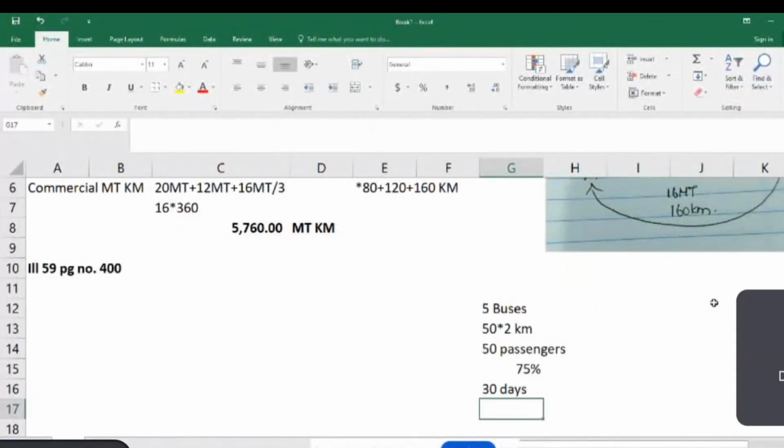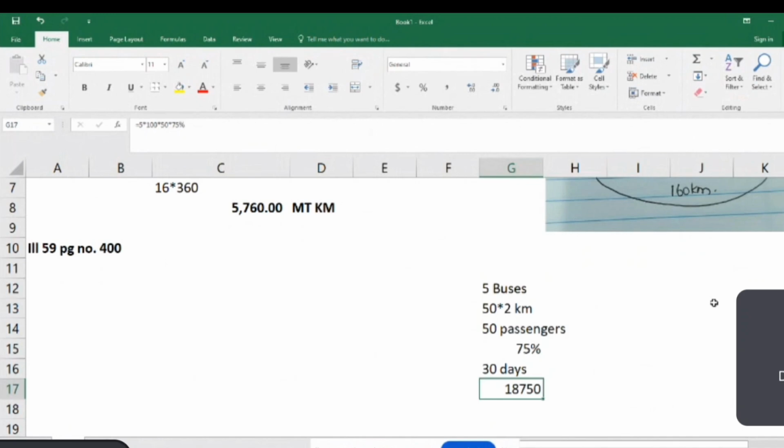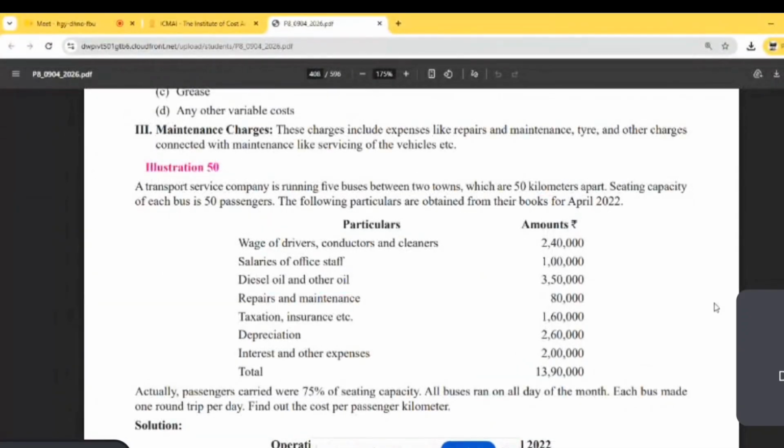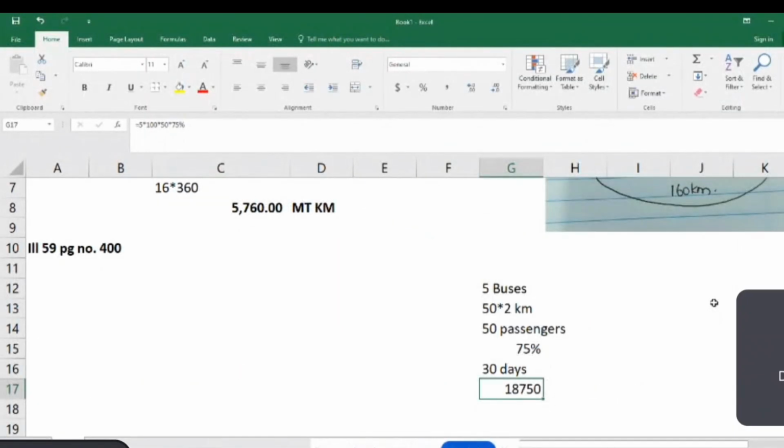So if we want to calculate the passenger kilometer, how many kilometers has it run? 5 buses into 100 kilometers into 50 passengers into 75 percent into 30 days.